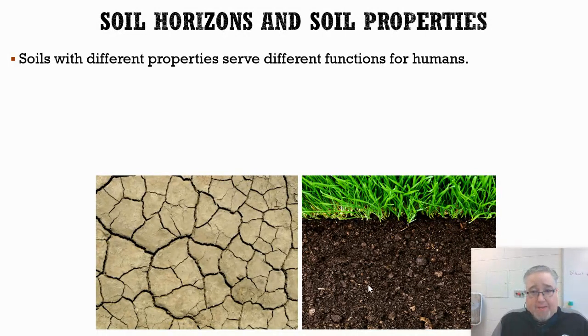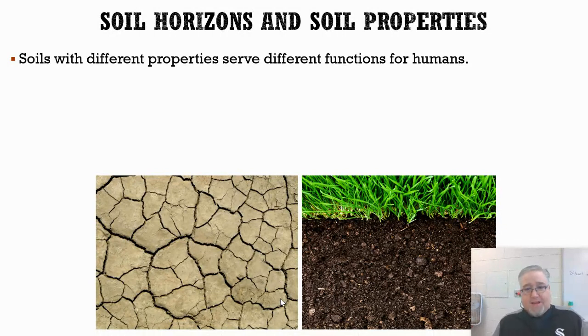Now, one thing that I think is important that you understand is not all soil is the same. Just looking at these two pictures here, this is showing us two different soil types.